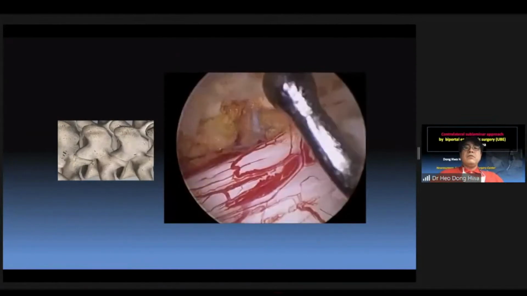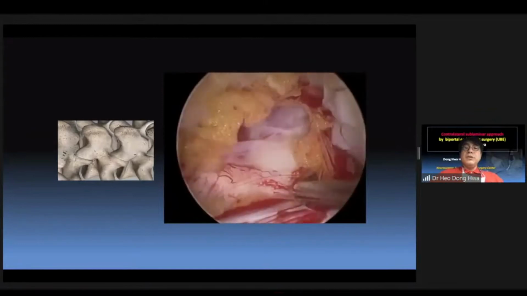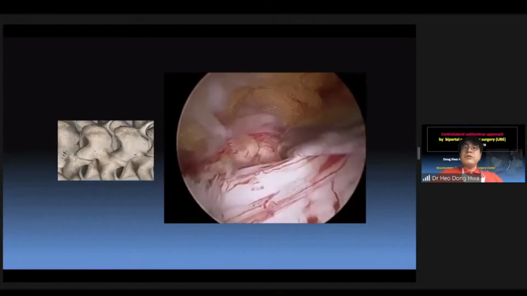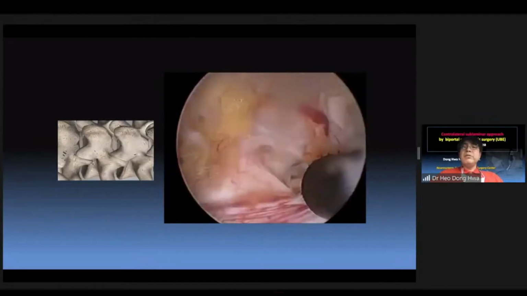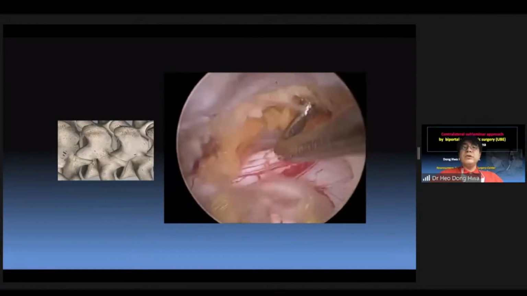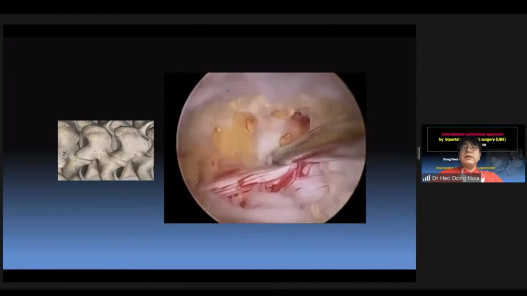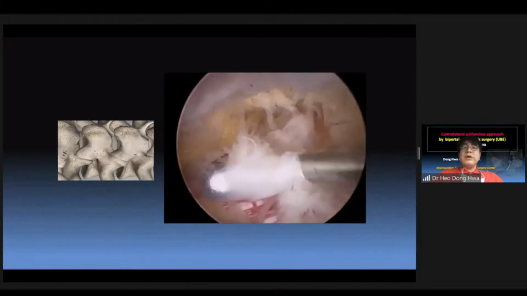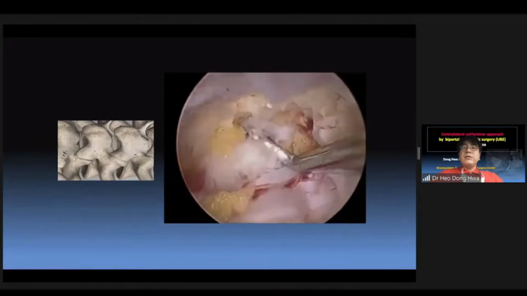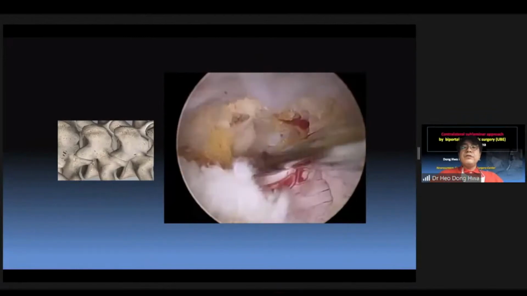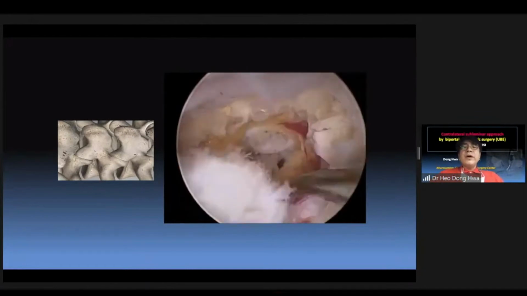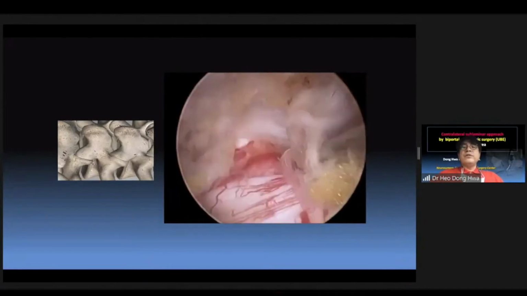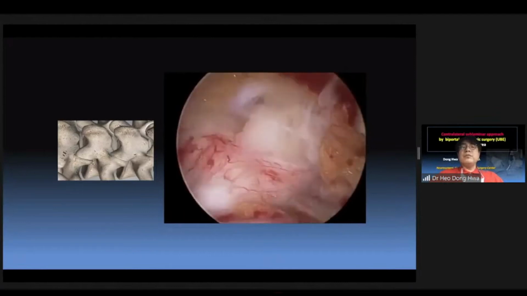Also, you can see the ruptured disc herniation. The herniated disc particle adheres to the exiting root. So I first dissect, and you can see the disc herniation particles here. This approach is very familiar. If we treat spinal stenosis, we frequently use this approach, just a modification of the contralateral approach.